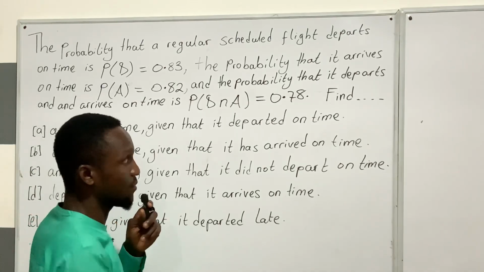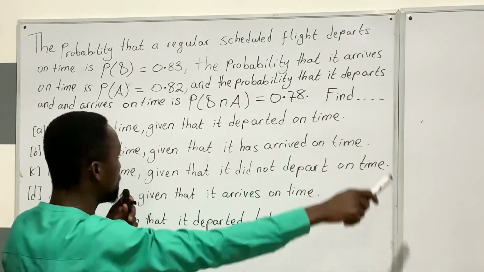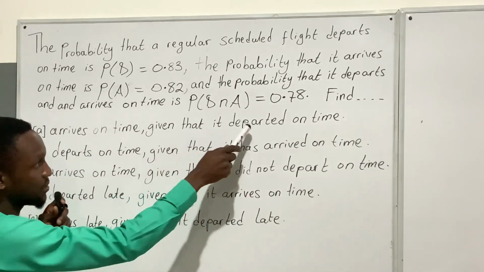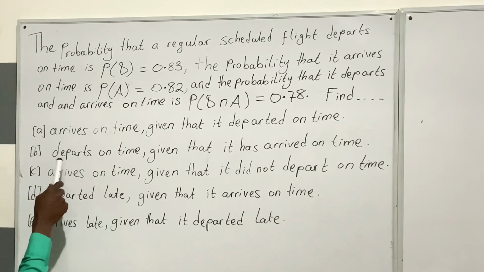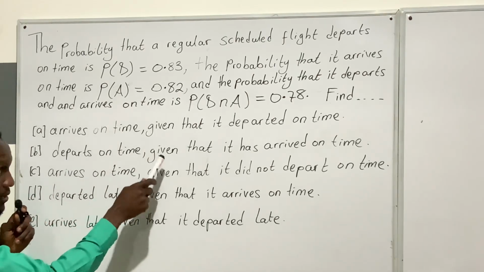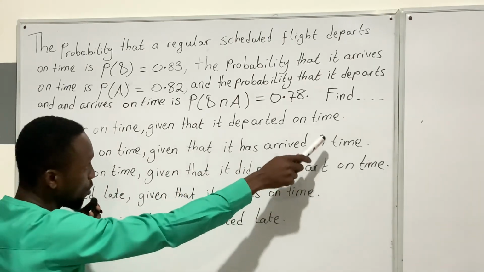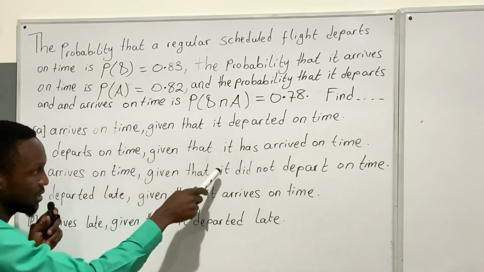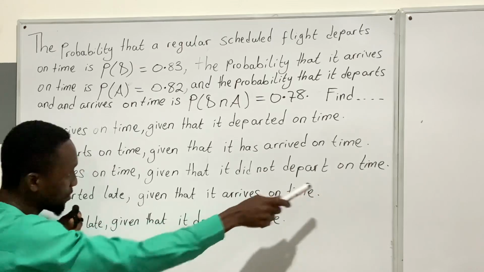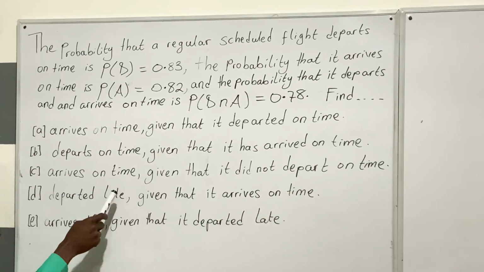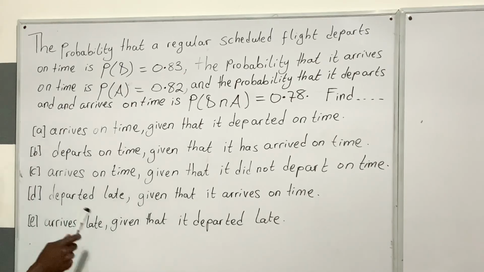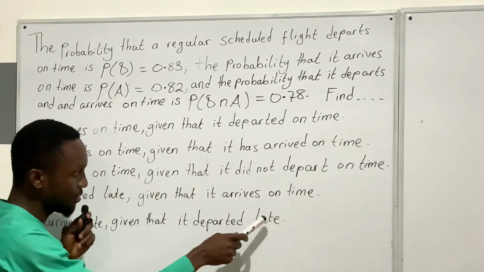Then the question says, find the probability that a plane: A, arrives on time, given that it departed on time. B, departs on time, given that it arrived on time. C, arrives on time, given that it did not depart on time. D, departed late, given that it arrives on time. And finally, arrives late, given that it departed late.